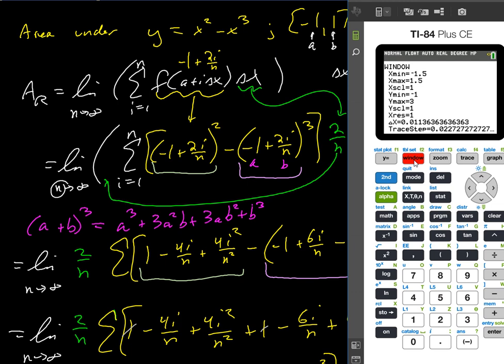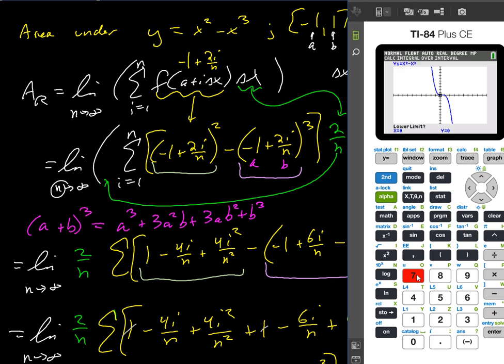I could just go zoom standard, zoom 6 if I want to. It's not going to look very pretty, but if I do the same steps, second calc 7, -1, enter, 1, enter, I'm not going to see a very pretty picture, but I get the same answer.